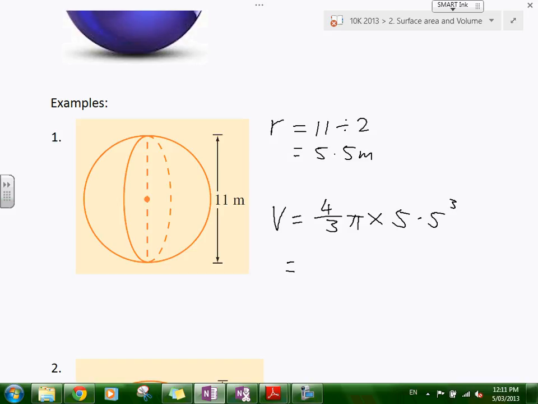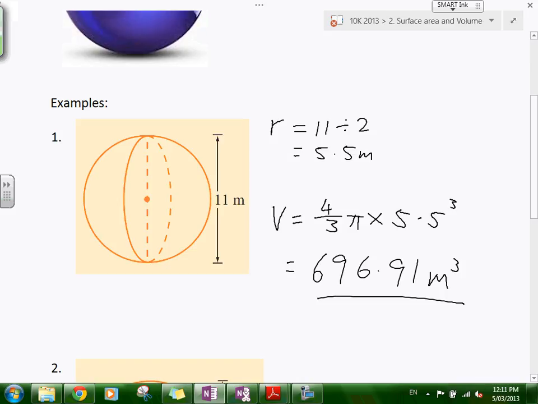The 5 cubed is 125. What's the difference? No. What is it? 696.91. 696.91 cubic meters.